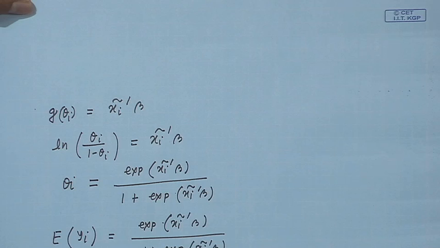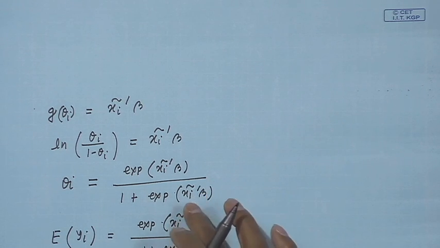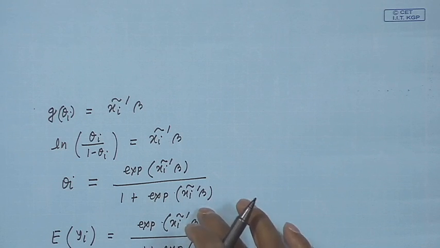So, that means y equal to this plus epsilon is the model in case the response variable follows binomial distribution. Okay. So, I will talk about this case right now in detail.